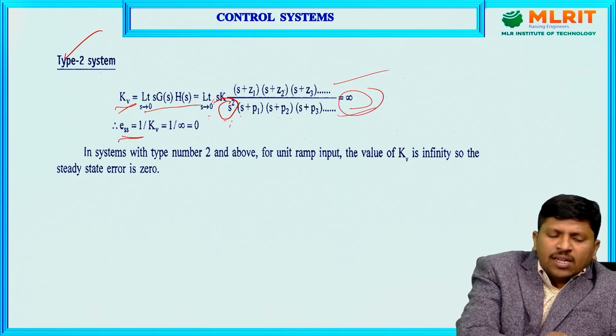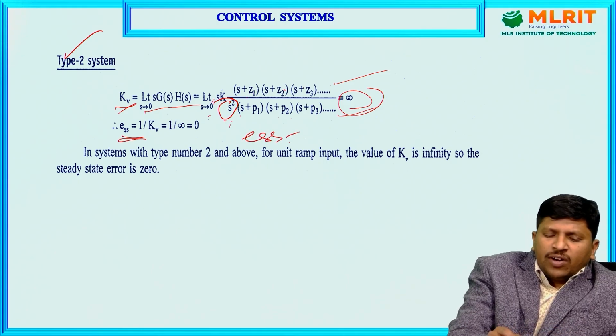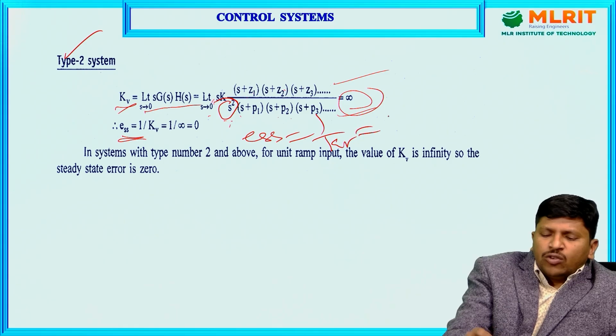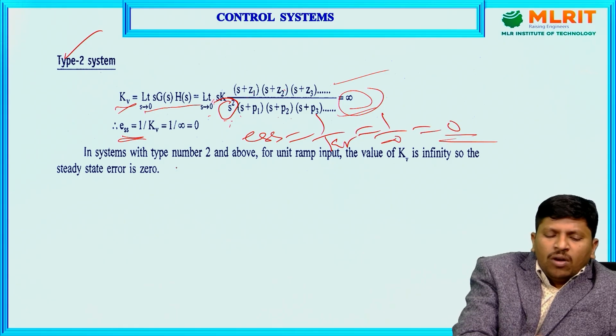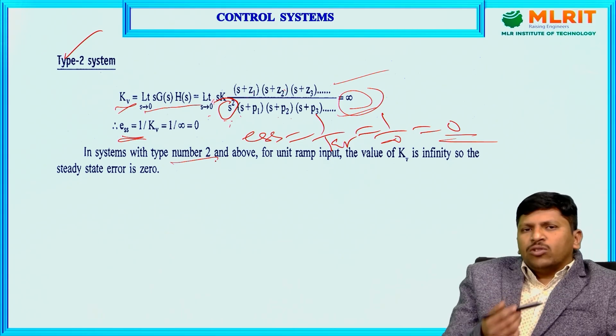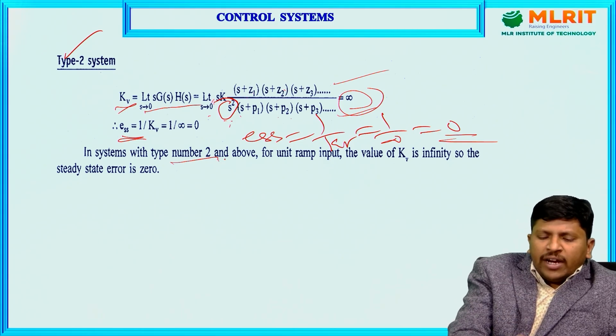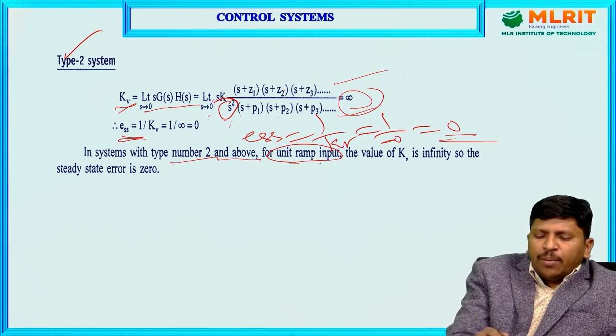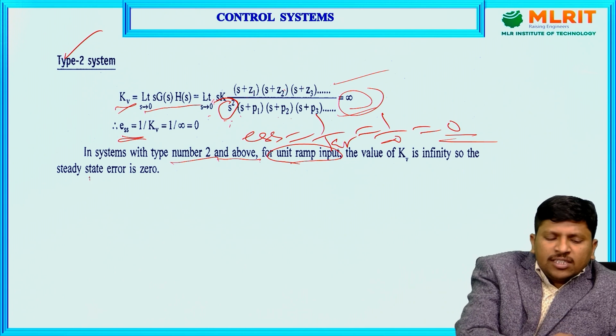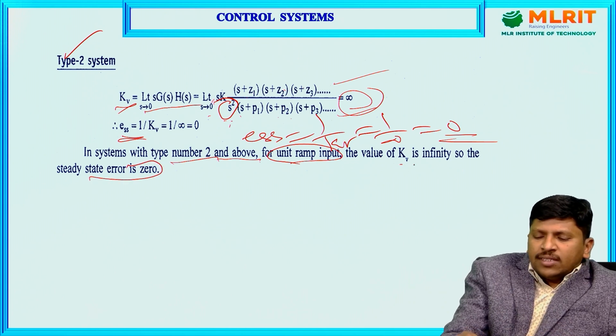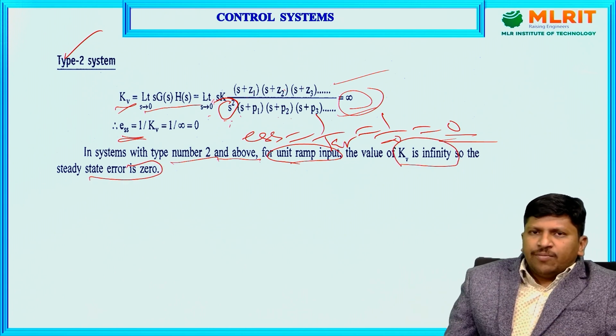So the steady state error is 1 divided by Kv, right? 1 divided by infinity is 0. So for type 2 and above systems with a unit ramp input, the steady state error is 0. The velocity error constant is infinity.